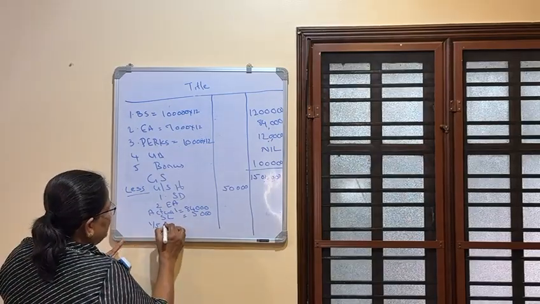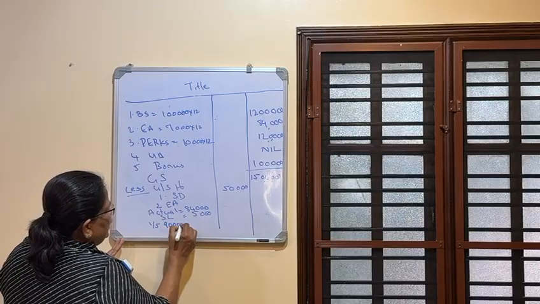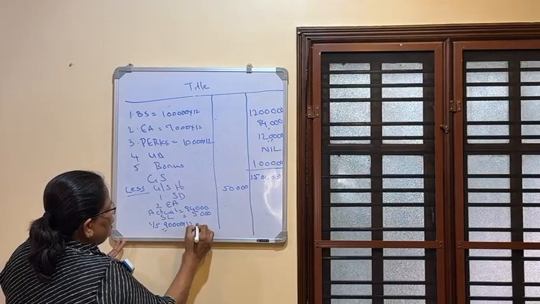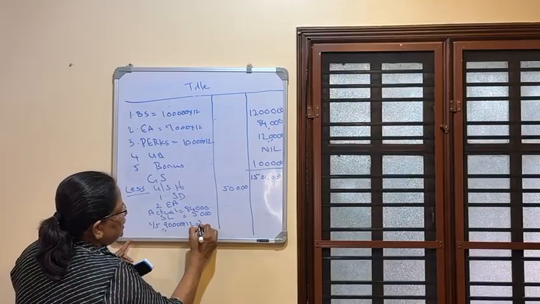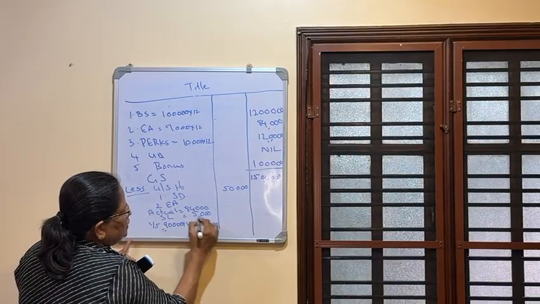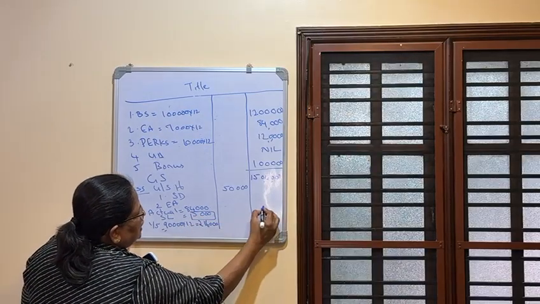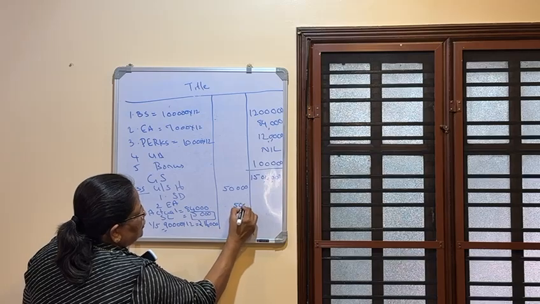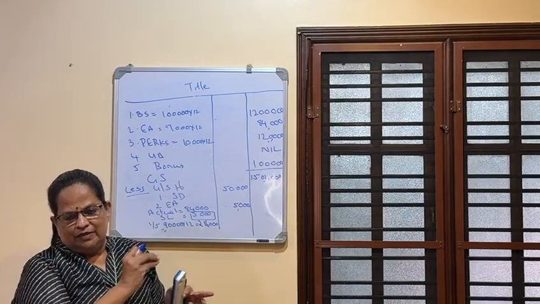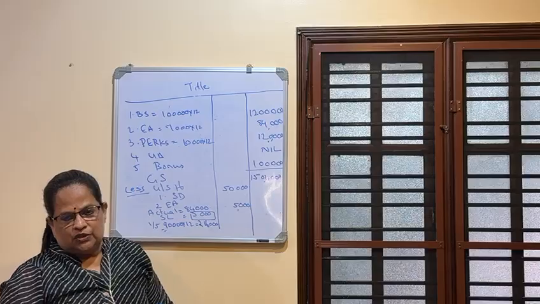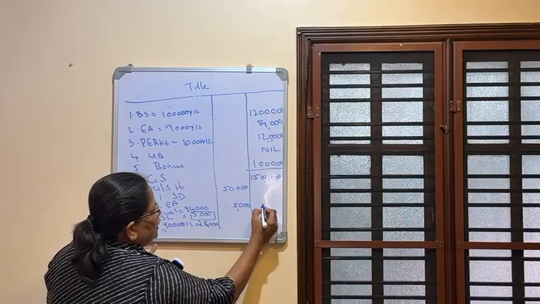So here 90,000 into 12, that value is 2,16,000. So the least value is 5,000. Here in this problem professional tax is not there. So 5,000 you have to reduce. So here 55,000 you have to reduce from this.